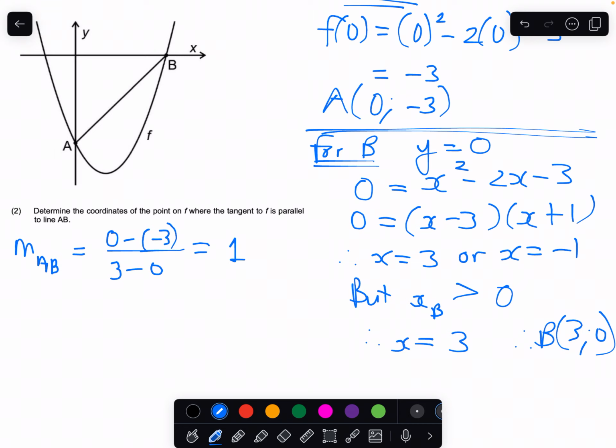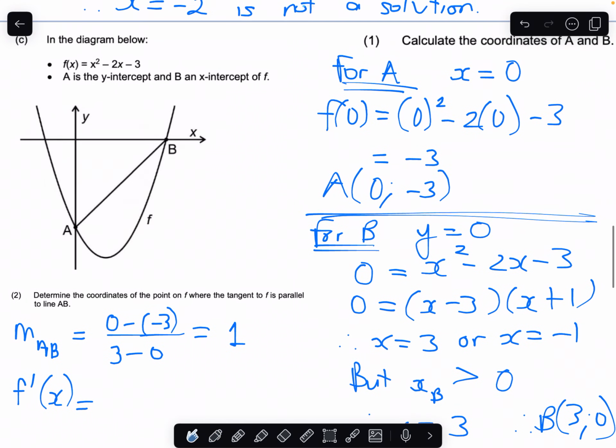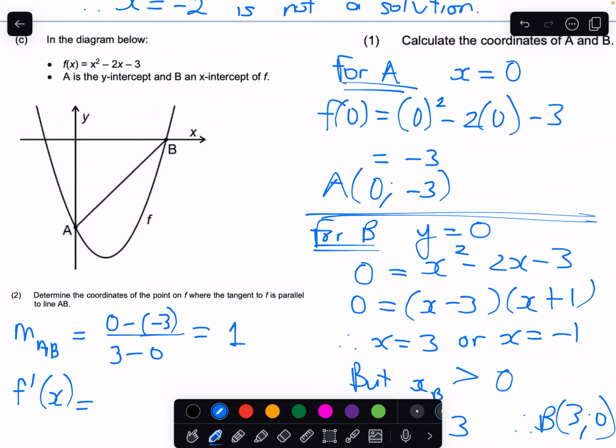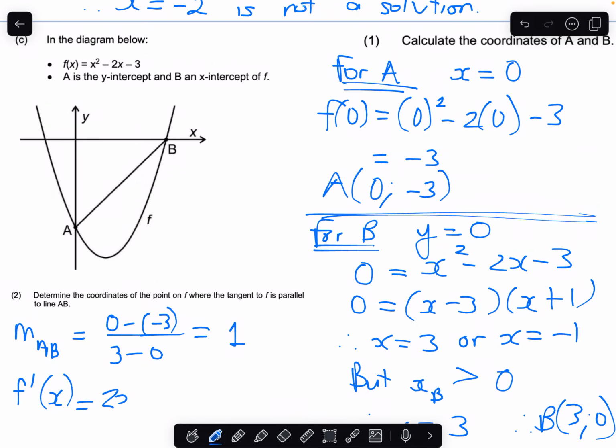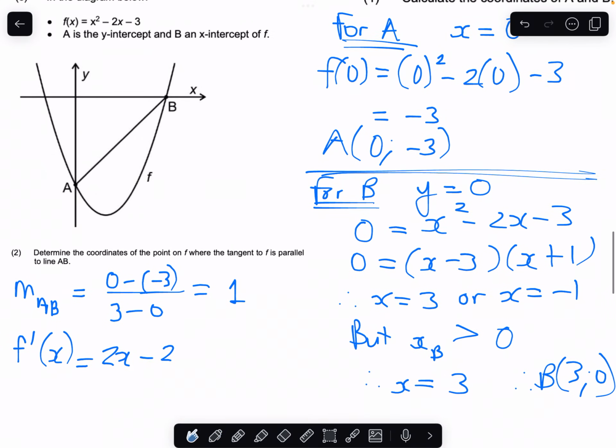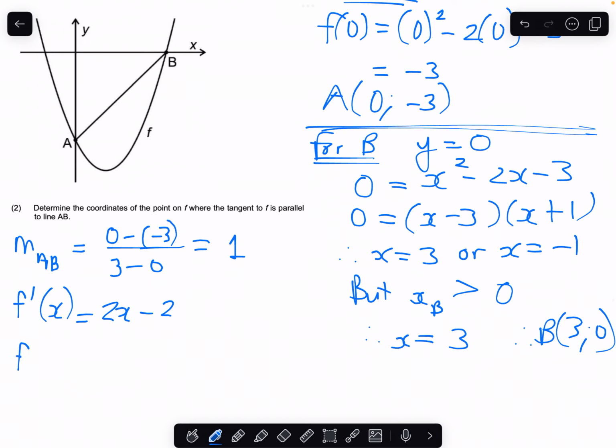Okay, so now we want to find our gradient function. So if we find the first derivative, we get 2x minus 2. And we now want to find which value of x makes this gradient function not equal 0. We're not trying to find a turning point. We want to see where the gradient is equal to 1.